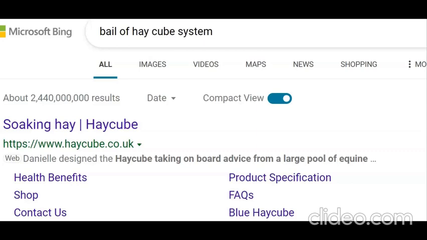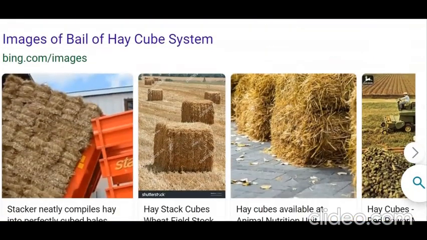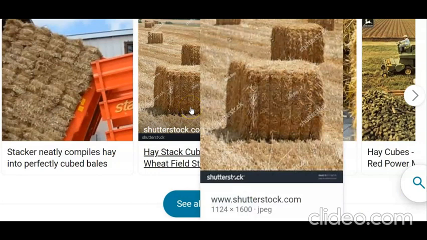We're continuing this knowledge about the hair in the bale hair cube system, right? When they make hair and put it in the machines, they pump out the other end perfectly stacked cubes of hair.